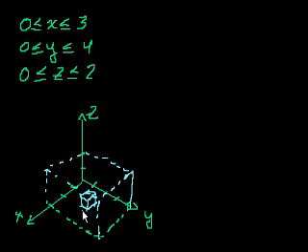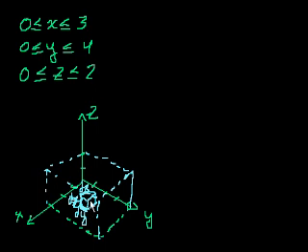So what's the volume of that cube? Let's say that its width is dy, so that length right there is dy. Its height is dx. Sorry, no, its height is dz, right? The way I drew it, z is up and down. And then its depth is dx. So this is dx, this is dz, this is dy.